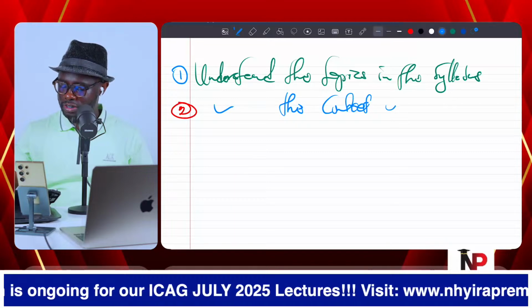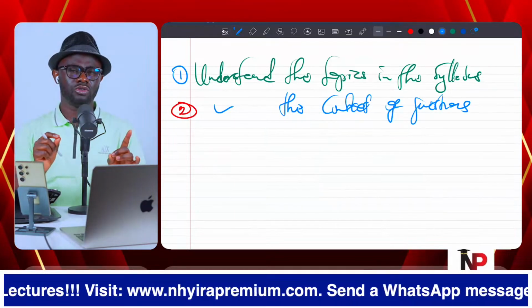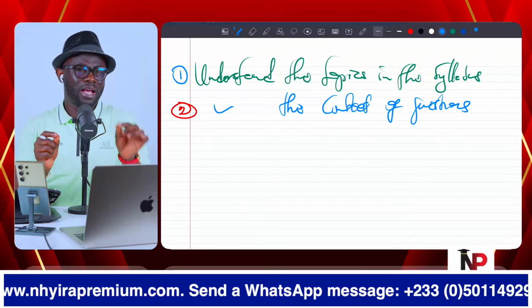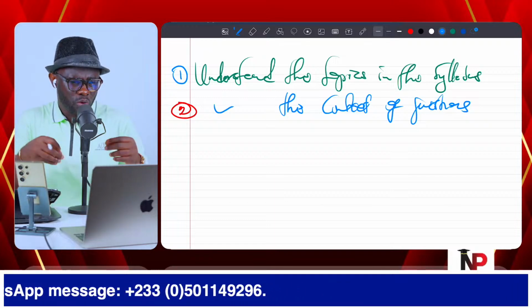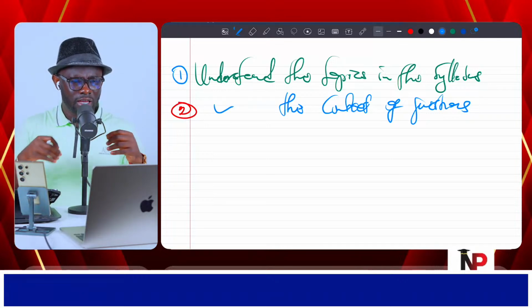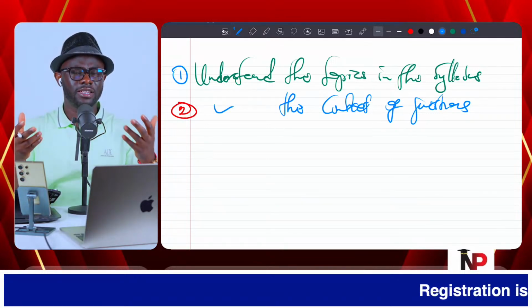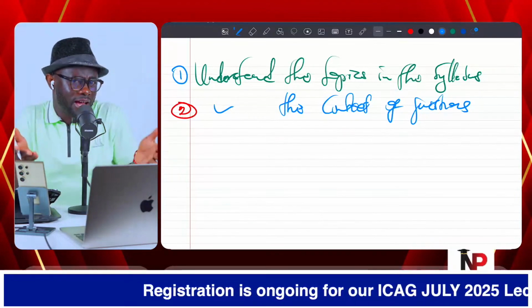So the context of questions that the examiner is going to be asking. So if the examiner asks you to analyze the strategic capacity of the entity, how do you answer that question? What is the context of the question? If the examiner asks you to analyze the competitive nature of the entity and the strategies that the entity should adopt, how do you answer that?